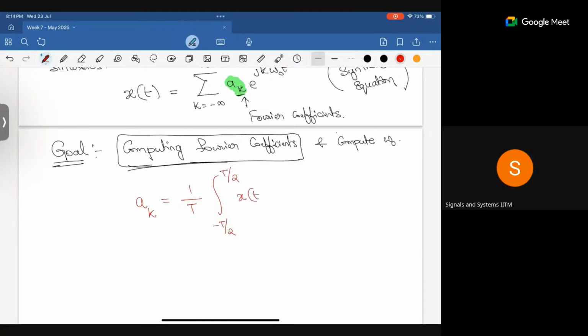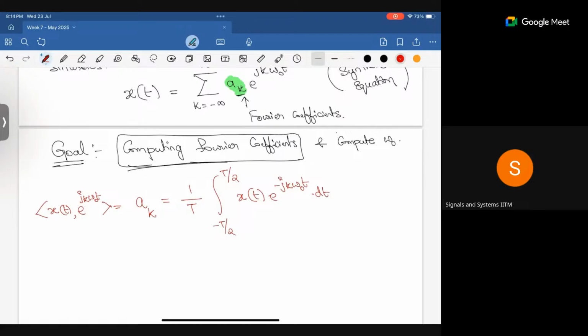So this a k can be computed using this: the integral of x of t e power minus j k omega naught t dt. And this a k is coming from here. We just take the inner product between x of t and this e power j k omega naught t.